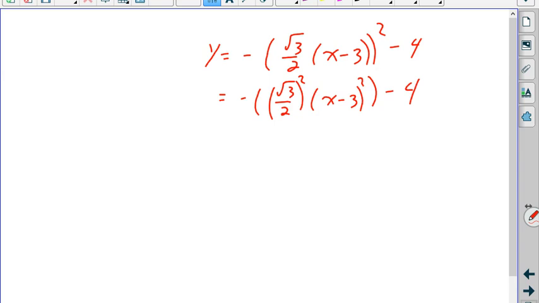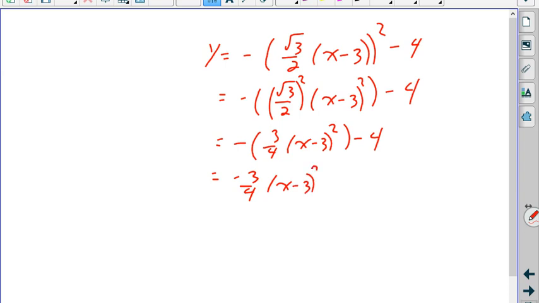You get out 3. So we have 3 over 4. And then I can just multiply the -1 in, and you have the exact same one that we did with the A value. So algebraically, we've shown that these two equations are the exact same as each other.